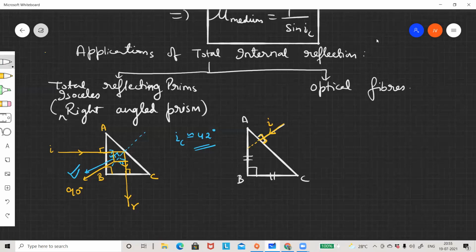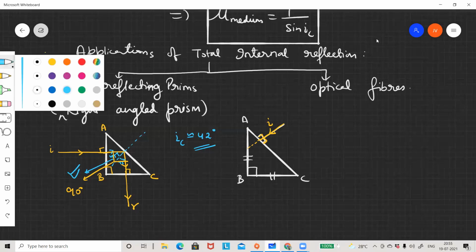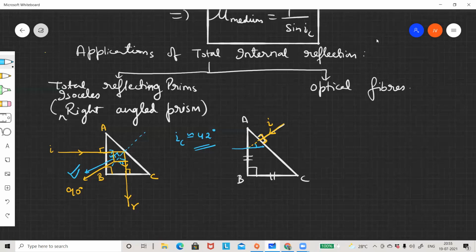Which angle? Here, if I draw a normal, this angle is going to be 45. I think we can try to derive how it comes out 45, but it is going to be 45.